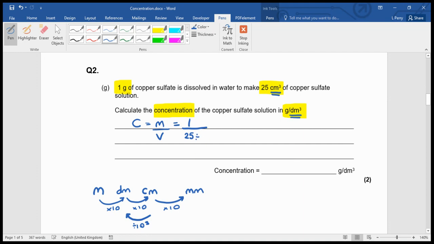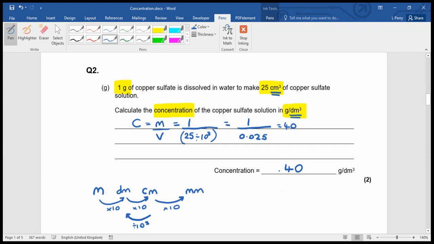That's all on the bottom, so I'm going to have to put it in brackets when I type it into my calculator, or I could just do it separately. So that becomes 1 divided by 0.025. Then I type that into my calculator and I get 40. So my answer is 40.